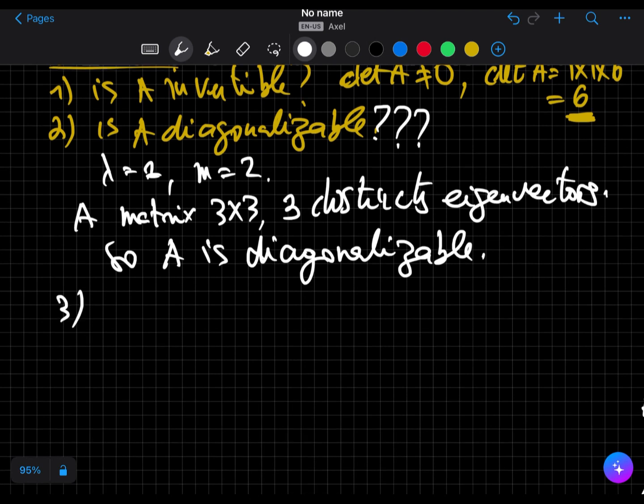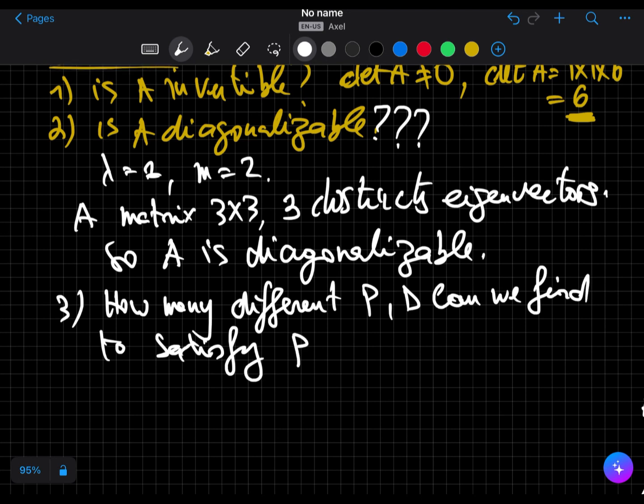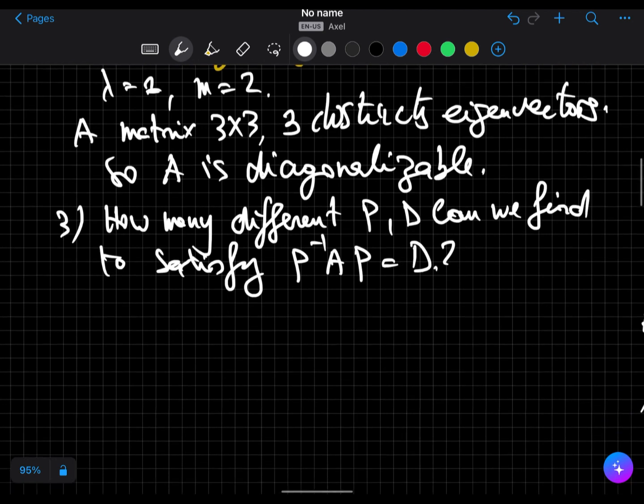The third question asks how many different matrices P and D can we find to satisfy P inverse AP equals D?